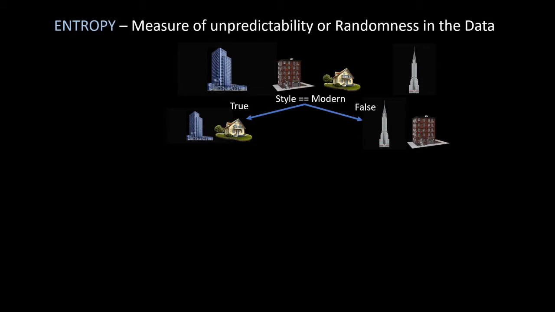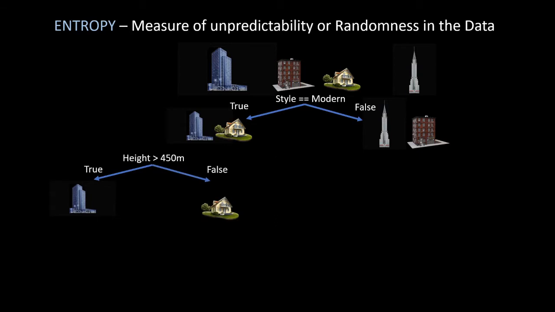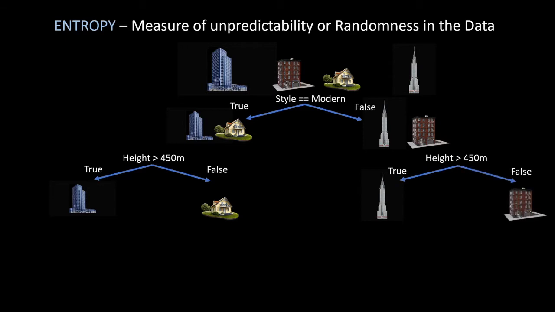I could be wrong. But is it modern? No. Now, what about the height? Is the height greater than 450 meters? For the high-rise condo, yes, but for the house, no. And if we look at these other buildings, are they greater than 450 meters? The Empire State Building is, and this other building is not.